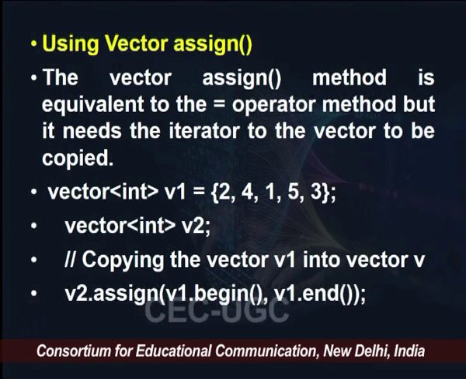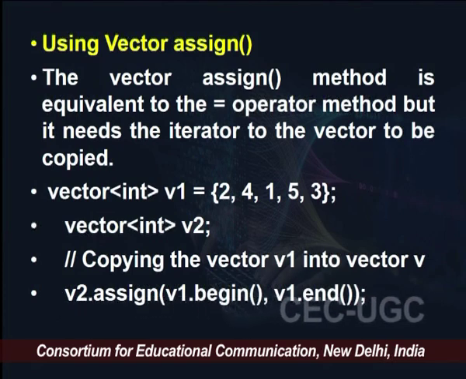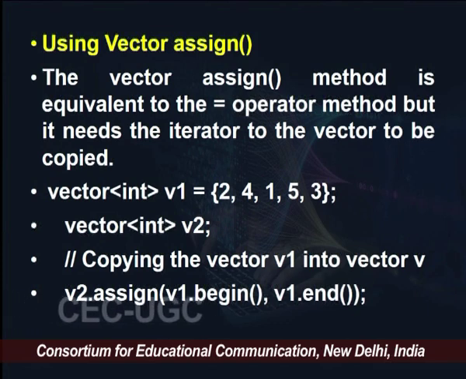Here we can see we have a vector v1 with the elements 2, 4, 1, 5, 3, and we have declared one more vector, v2.